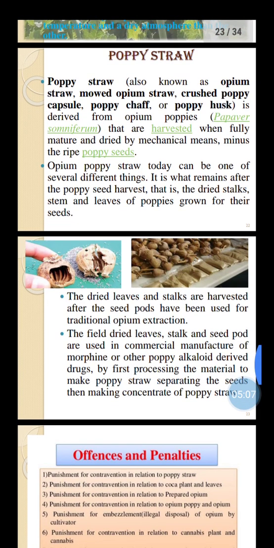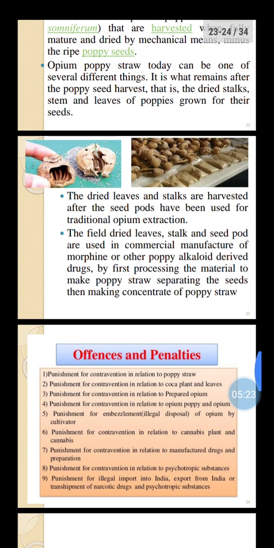The opium poppy straw today can be one of several different things. It is what remains after the poppy seed harvest, that is the dried stalk, stem and leaves of poppies grown for their seed. The image shows the dried wraps of these poppy seeds.